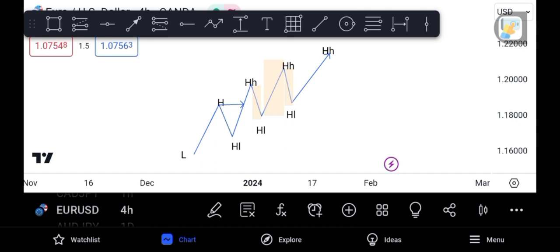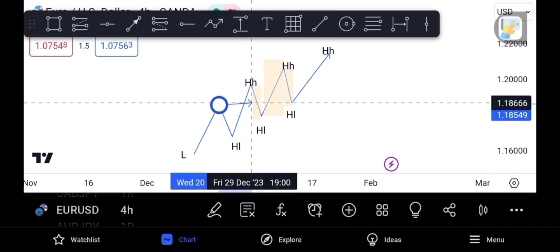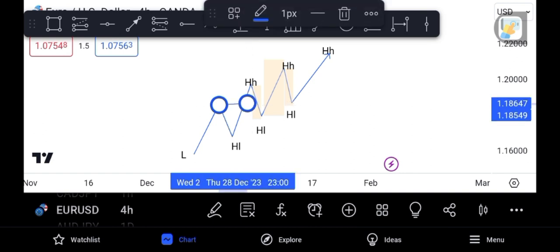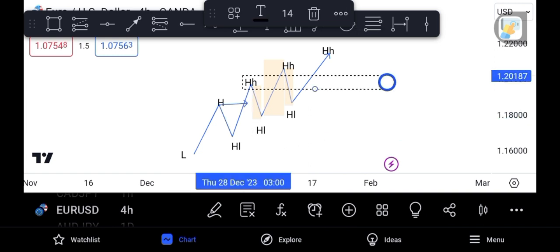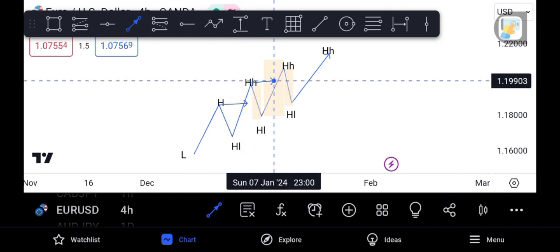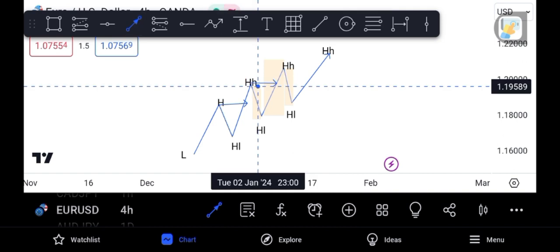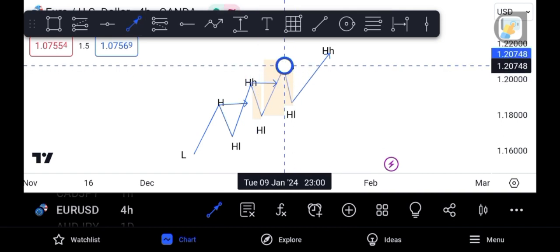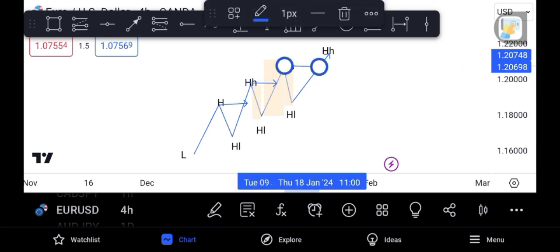From the highest point where the impulse move ends, we need to see the new impulse move break that part, which means we have a clear break of structure from the peak of the last impulse move to the next impulse move. So we have a break of structure here, then another break of structure, then another break of structure to this side.